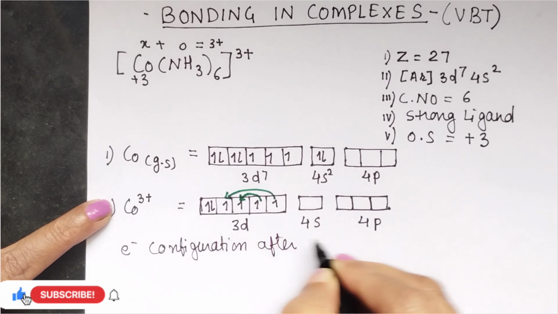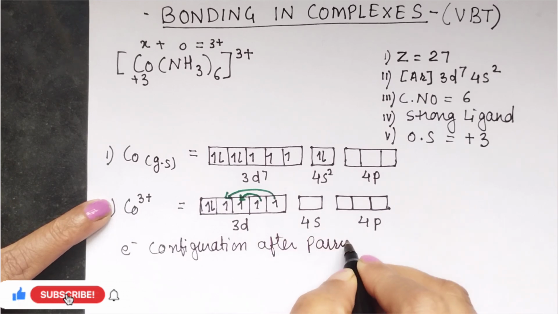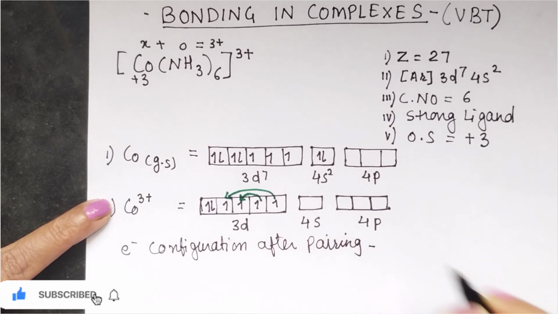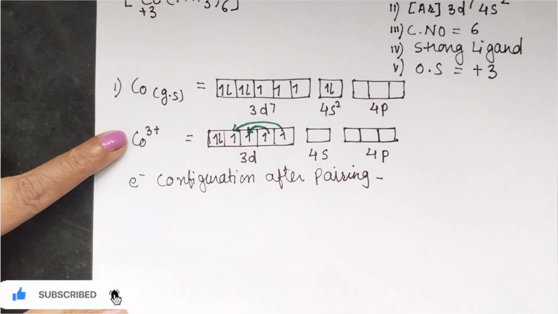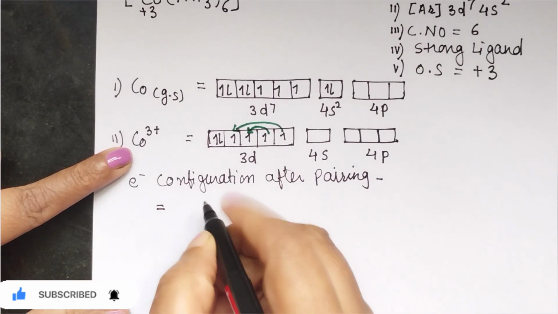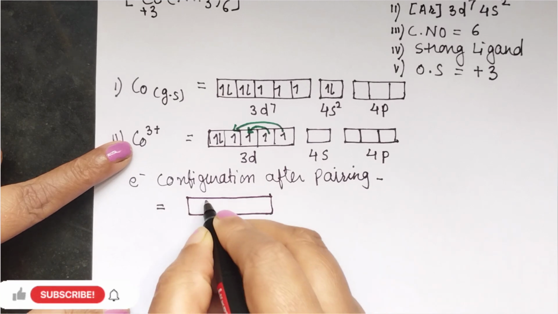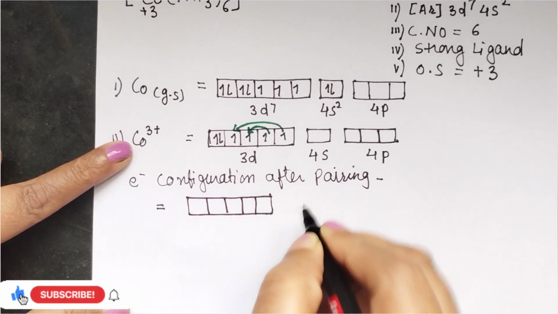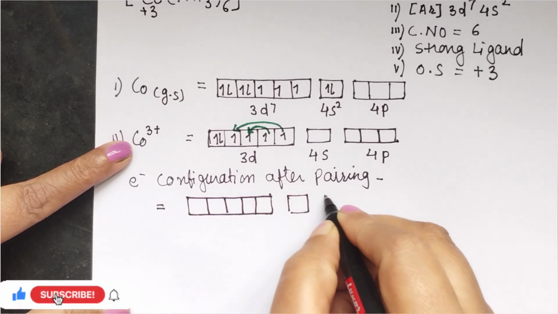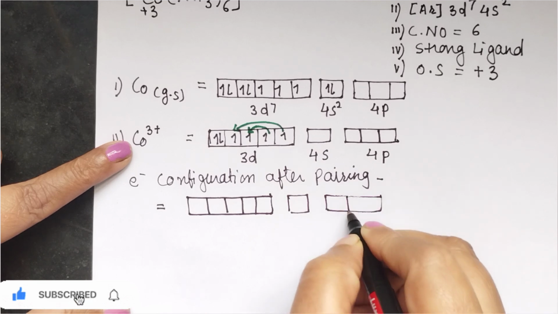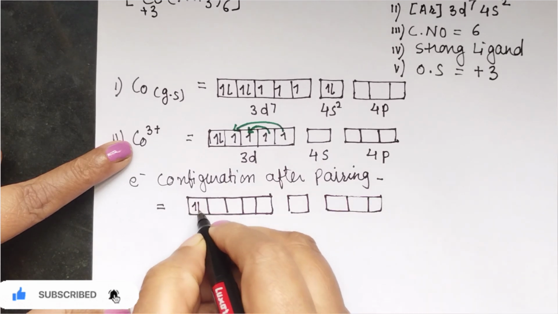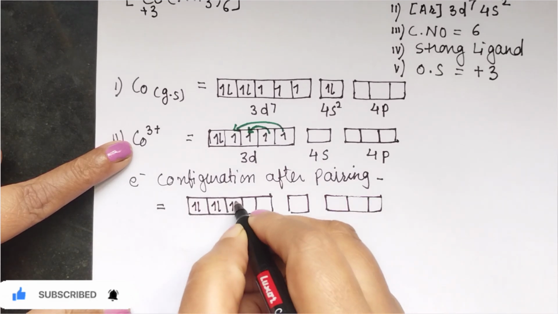Now why is the pairing taking place? Because the ligand is strong. So after pairing you will get two here and 2 here.